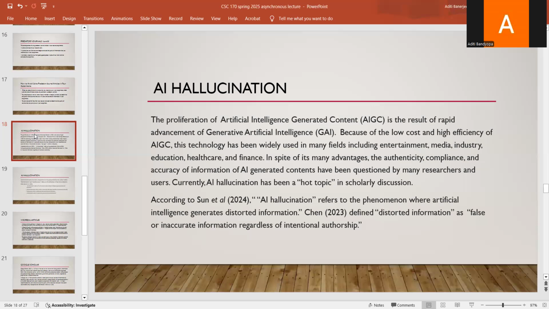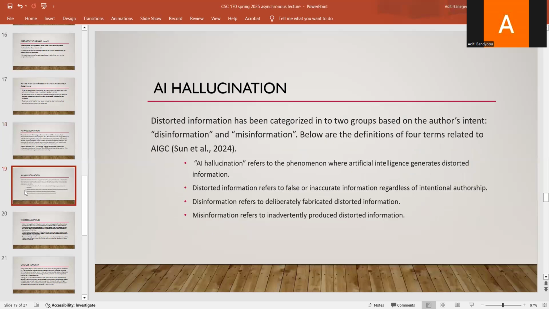Now, distorted information is broadly classified into two groups based on the author's intent: disinformation and misinformation. Here, I compiled 4 definitions for your understanding. AI hallucination refers to the phenomenon where artificial intelligence generates distorted information.